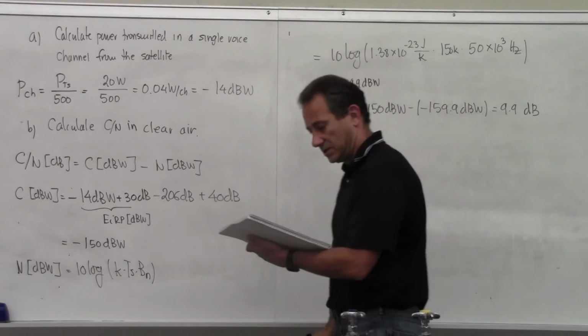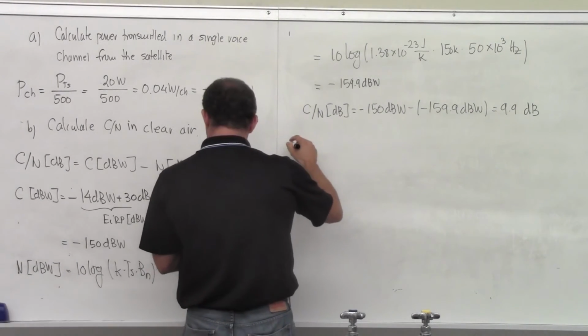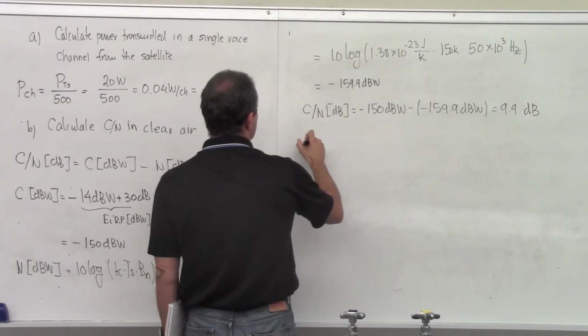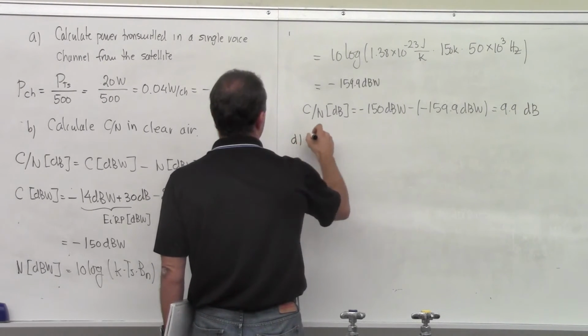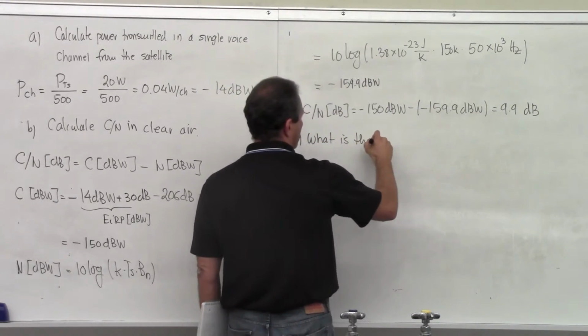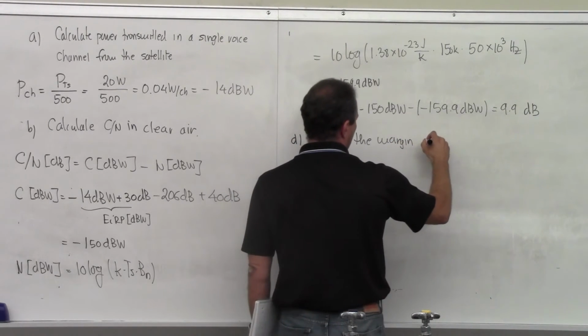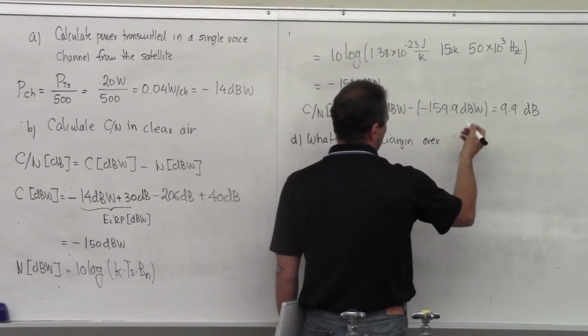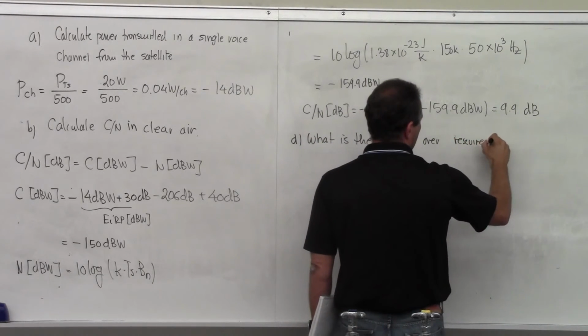And then the last question says, what is the margin if I know that BPSK requires C to N of 6 dB? So this is part B. What is the margin over the required 6 dB?